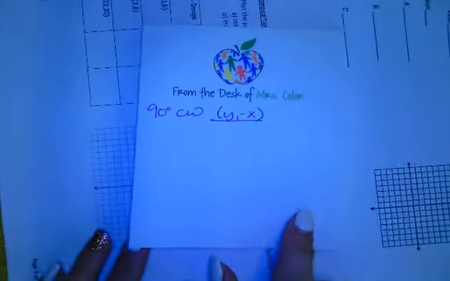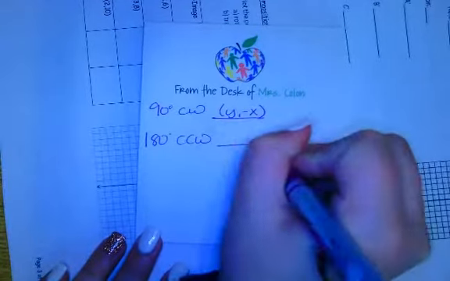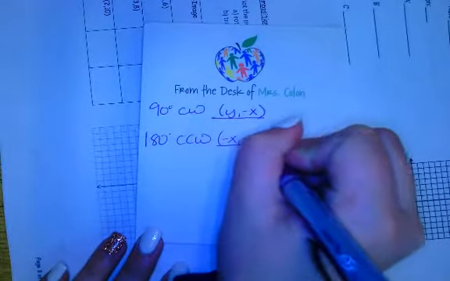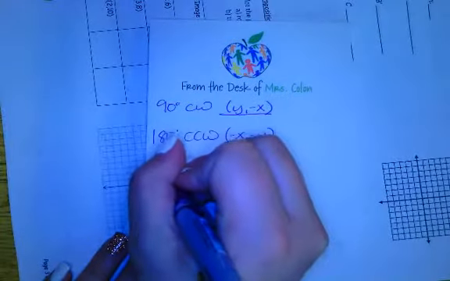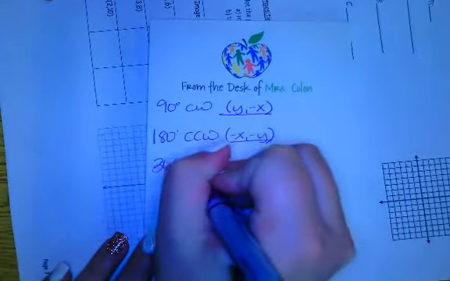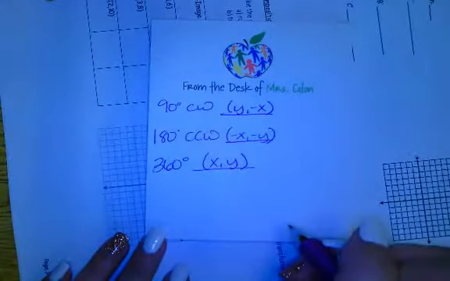Clockwise. What is the rule for 180 degrees counterclockwise? What is the rule for 360 degrees? What is the rule for 90 degrees?